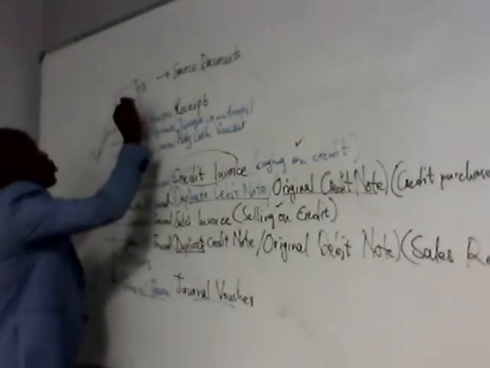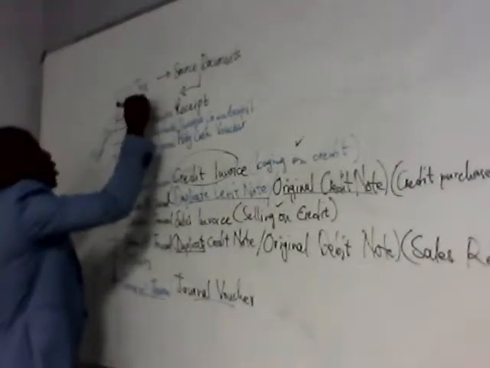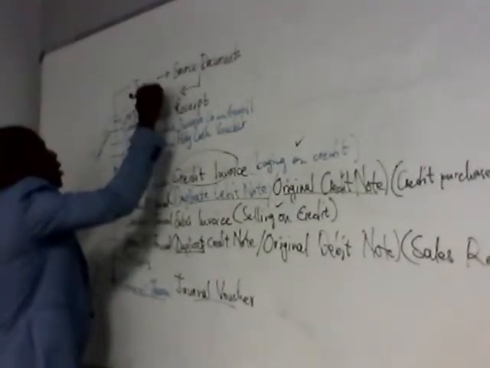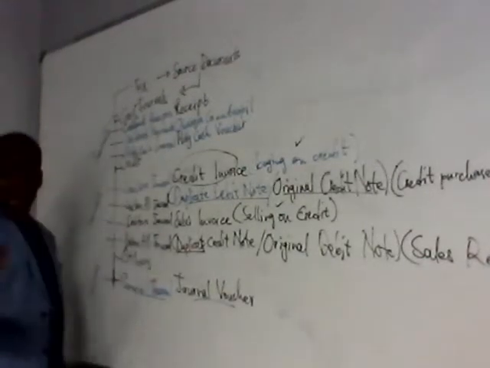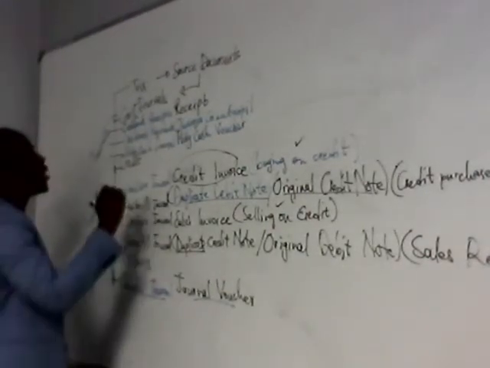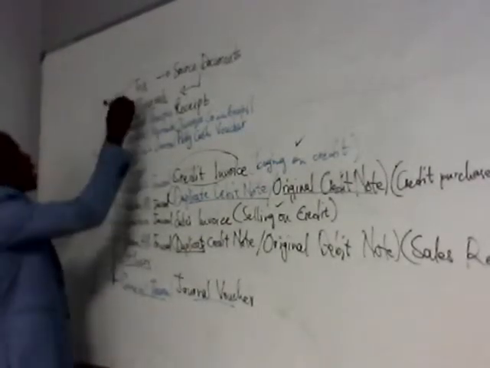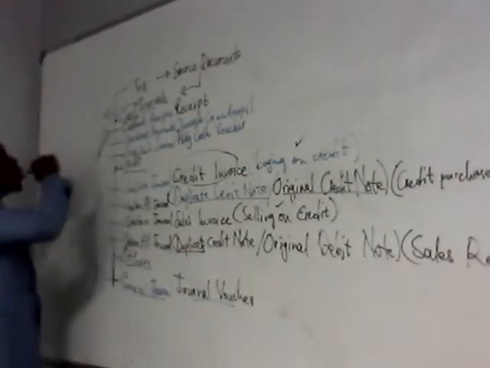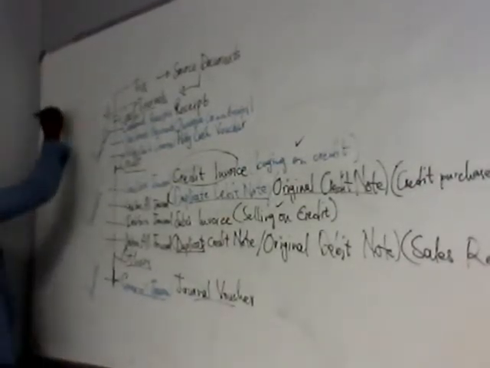It's transaction, source document. Source document takes us to journals. We've got cash journals, we've got credit journals, we've got that one other journal that we will not mention by name. And then each and every journal will take us into the general ledger.